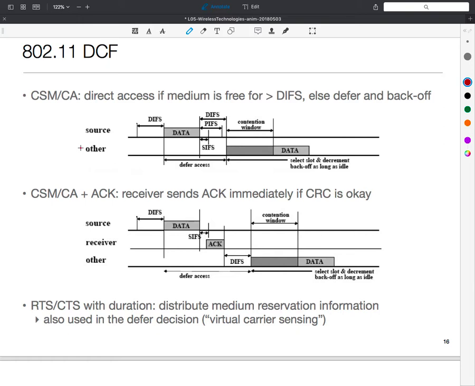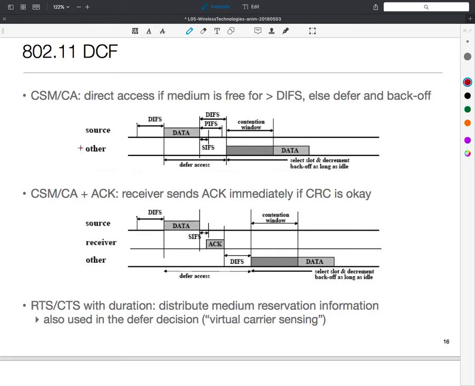That is why wireless schemes go for this kind of etiquette where you wait for a bit. In this case, we wait for this interval called DIFS, and if the channel remains free during that period, then you go ahead and transmit. And every node does the same thing, which is whenever it wants to transmit, it will do this waiting business. Now, if the channel remains free, you go ahead.